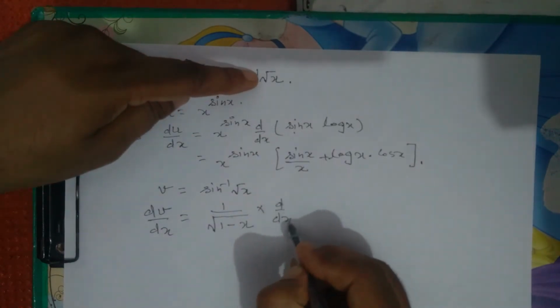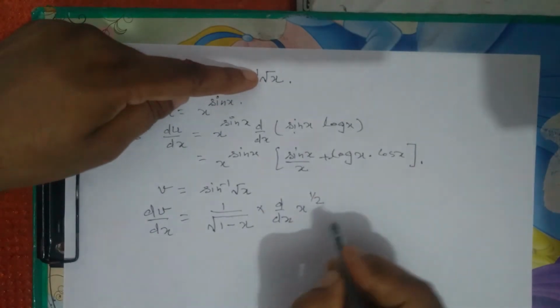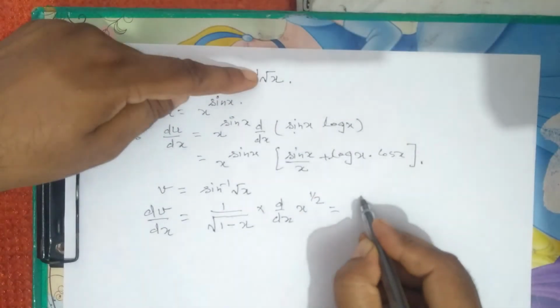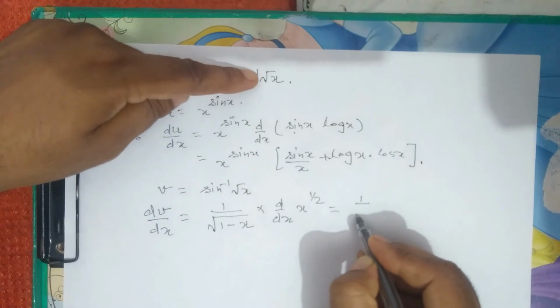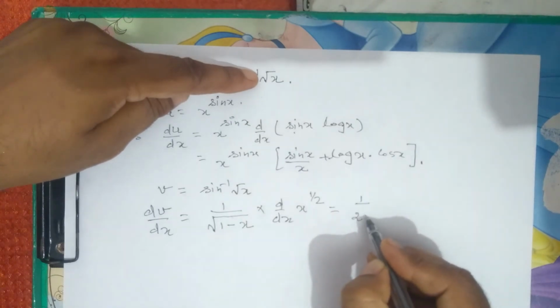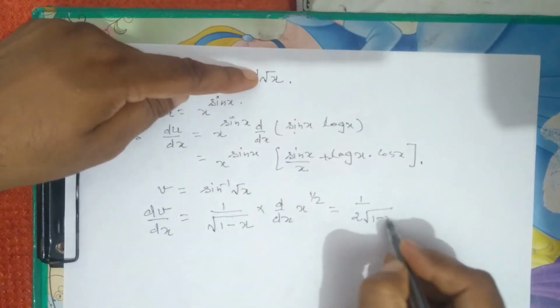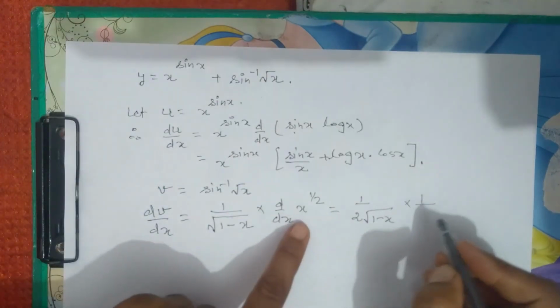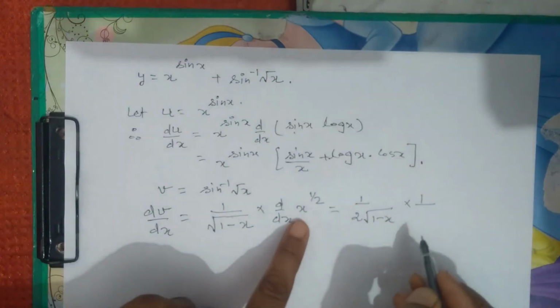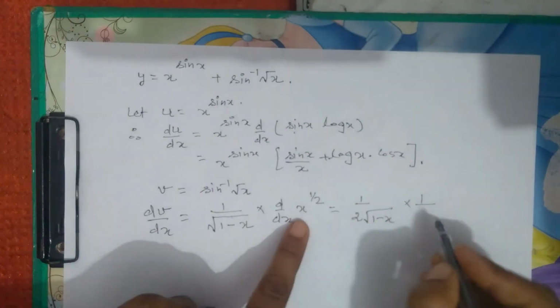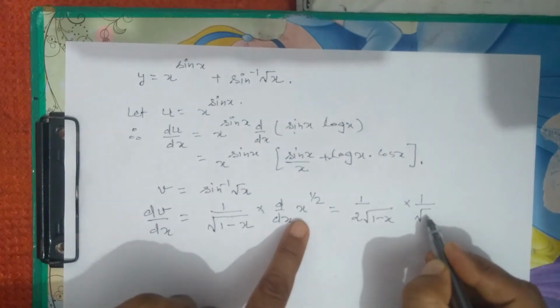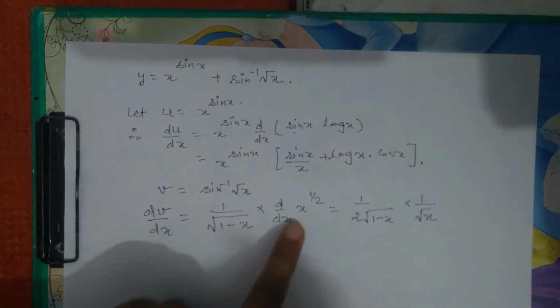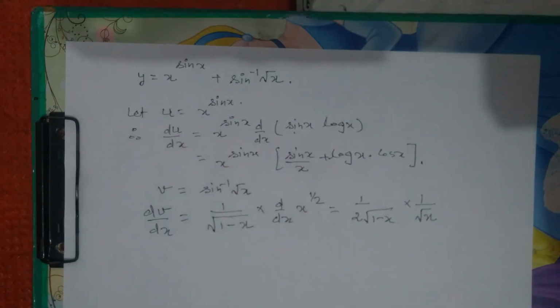So derivative of x raised to power 1 upon 2 becomes 1 upon 2 square root of 1 minus x into 1 upon x raised to power minus 1 upon 2, that is 1 upon square root of x. So adding these two, we have the required result.